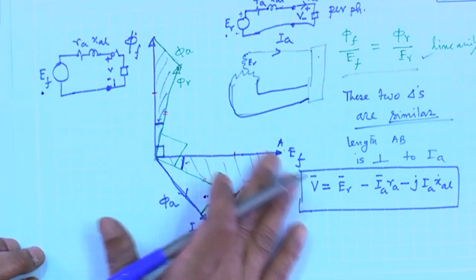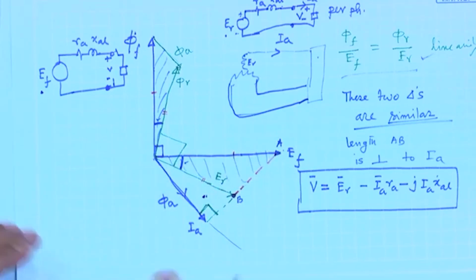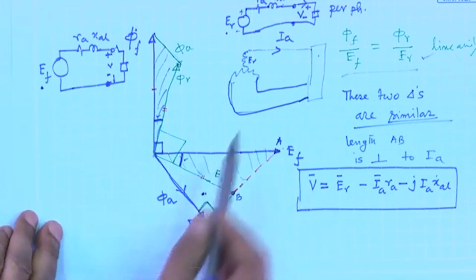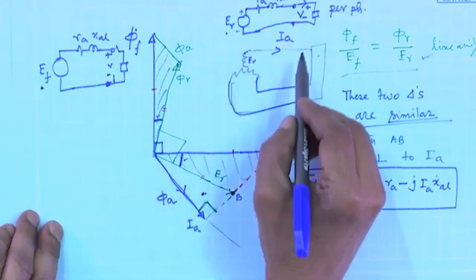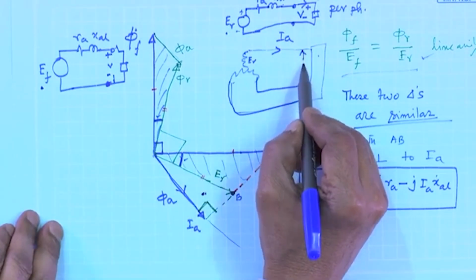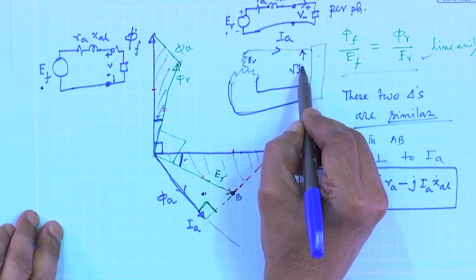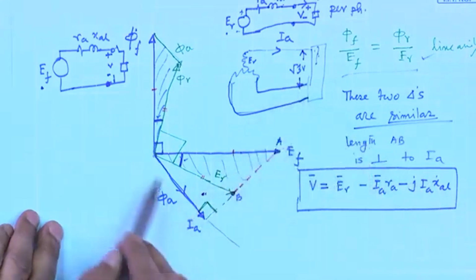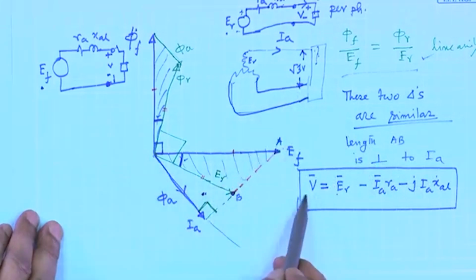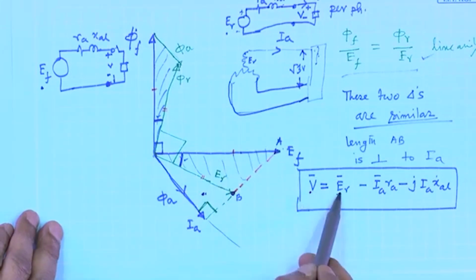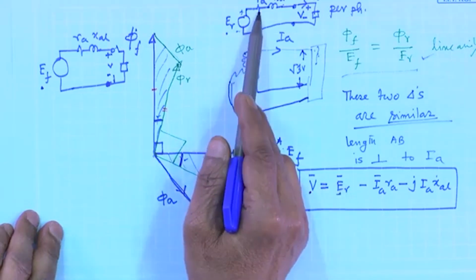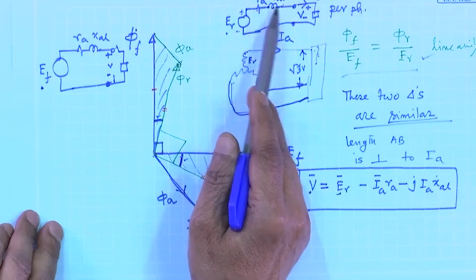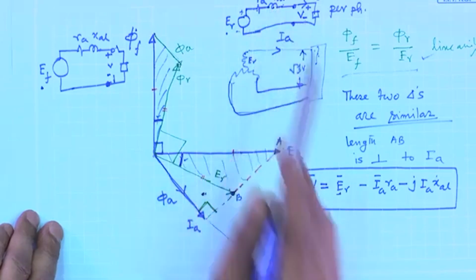I am not spoiling this diagram, but only telling what I should do now to get the terminal voltage across the load. Here the terminal voltage is root 3 V, suppose a star connected load, you understand this. So the relationship of terminal voltage and this resultant induced voltage is this ER minus this drop will give me terminal voltage.